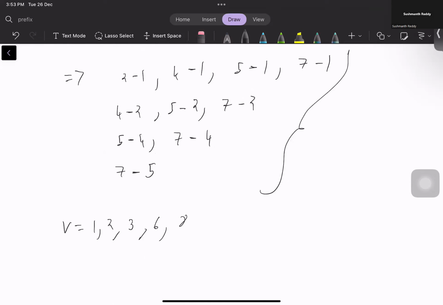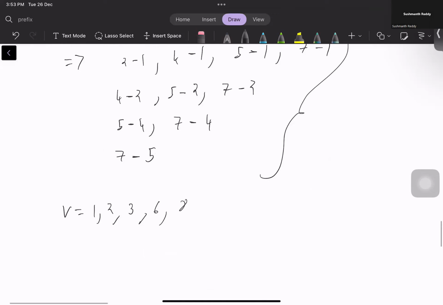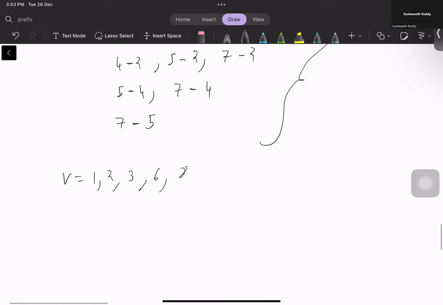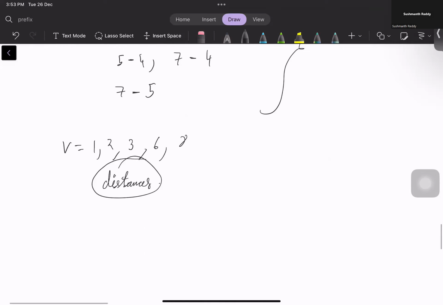So now for a square, the property is that vertical distance and horizontal distance should be the same. So now we can find out all distances that we can make vertically, and we know all distances that we can make horizontally.